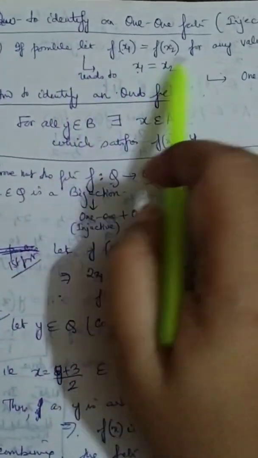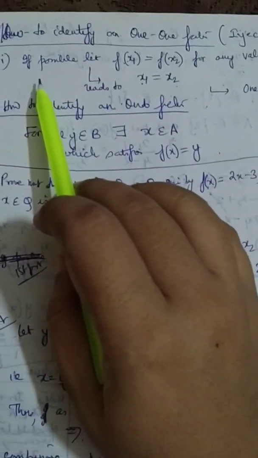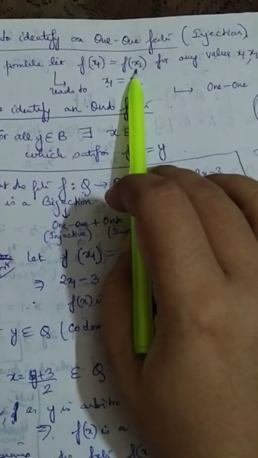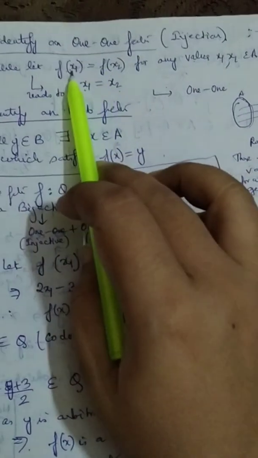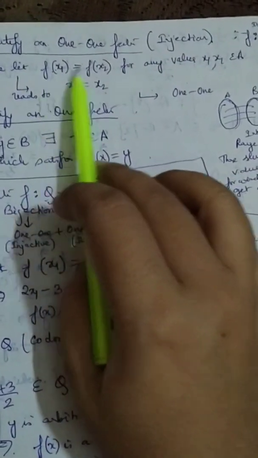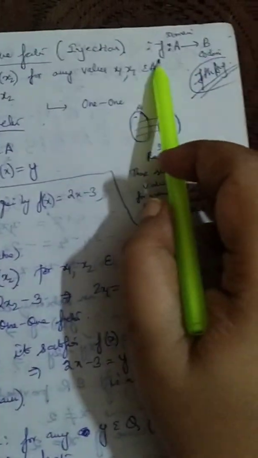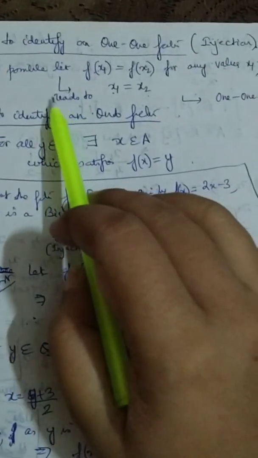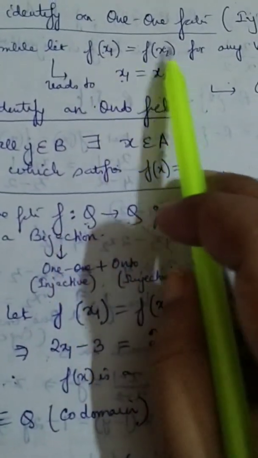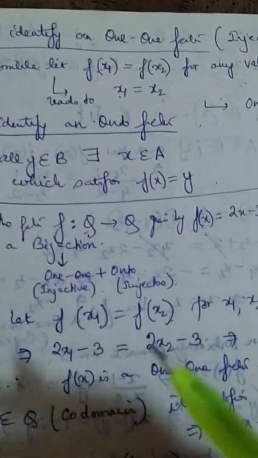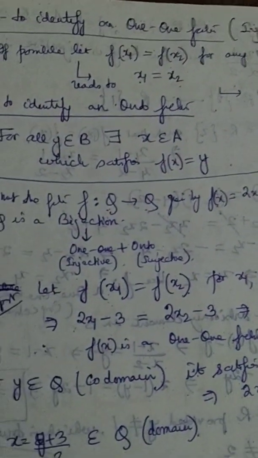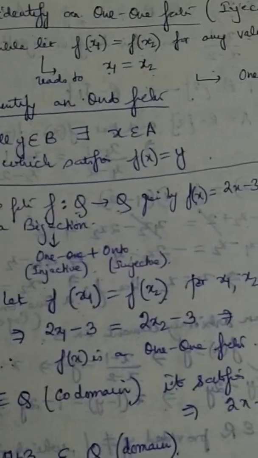The logic used is: if I assume that f(x1) is equal to f(x2) for any values x1, x2, that means the y values are the same in the set B, since the function is from A to B, then it has to lead to x1 equal to x2. That means there is only one value of x for which we can have only one value of y.